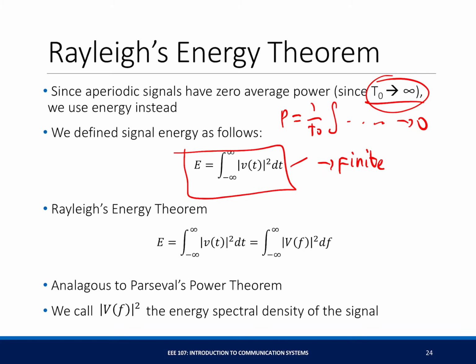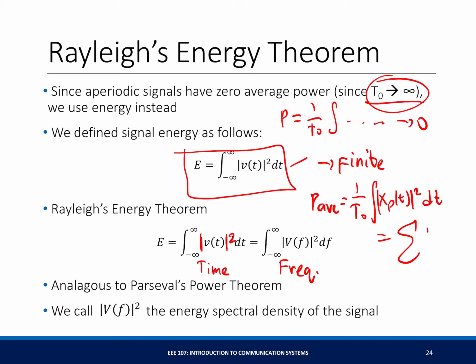So we define the energy as you see here. And according to Rayleigh's energy theorem, the area under the curve of the magnitude squared of your signal in the time domain is equal to the area under the curve in the frequency domain. That's it. So it's actually kind of similar to Parseval's power theorem, where the average power is the summation of the weights.